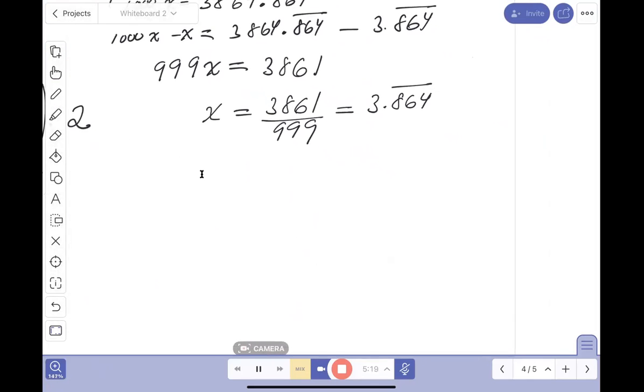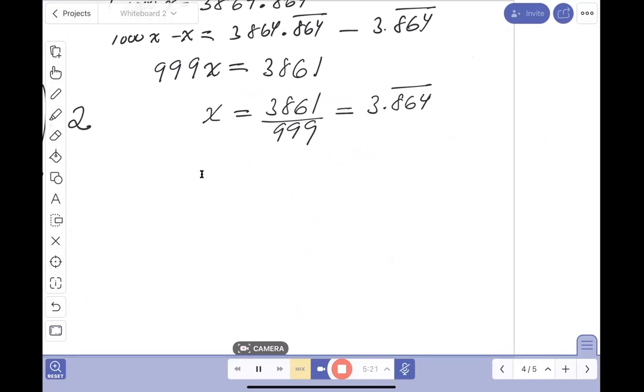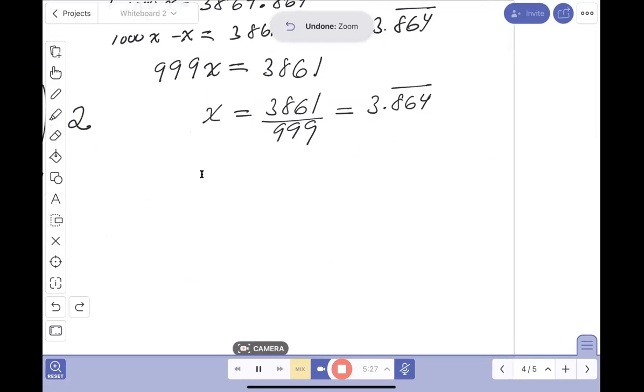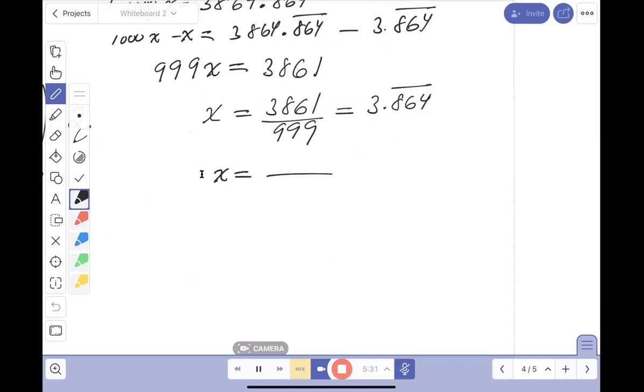Looking at it, I'm going to say divisible by 3. So if you divide the bottom by 3, you would get 333. Let me do the top by 3.